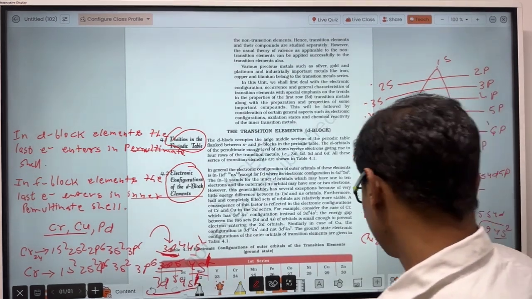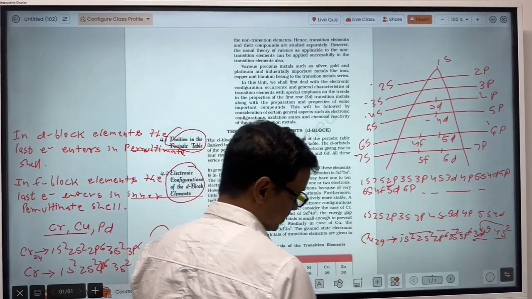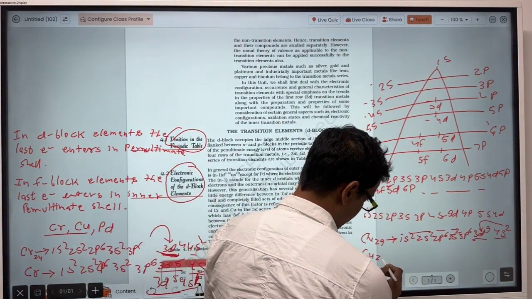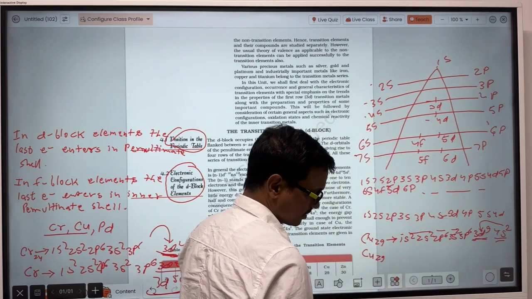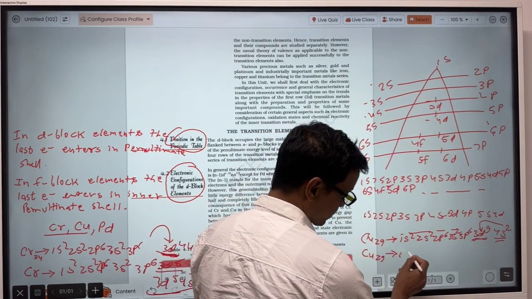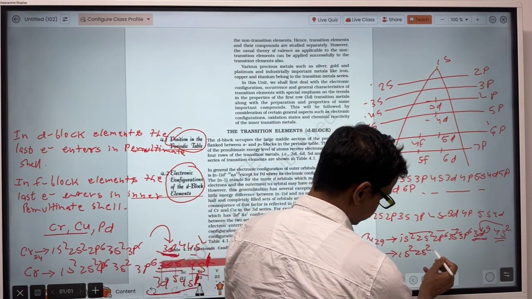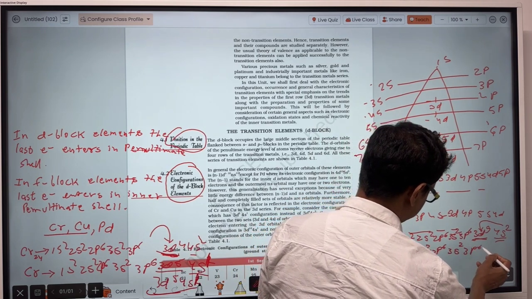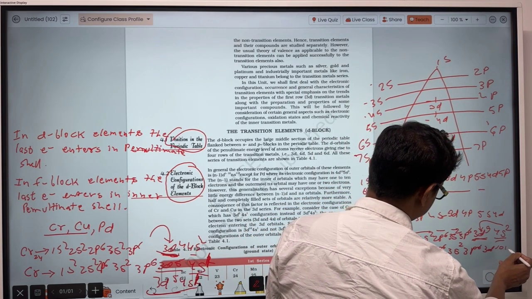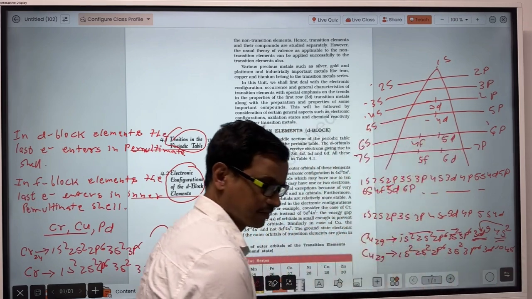That's why the outermost electronic configuration will become 3d10 4s1. So this is the electronic configuration of copper.